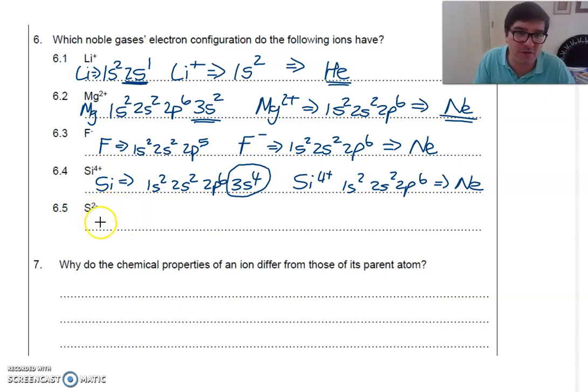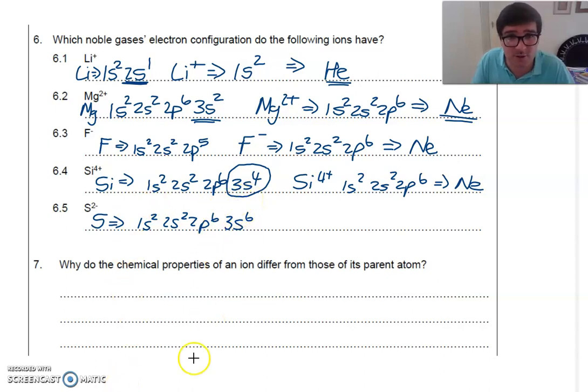And then sulfur, the sulfide ion. So sulfur is normally 1s2, 2s2, 2p6, 3s6. No, I've made a mistake in these last two. So let's just correct that, guys, because no one even stopped me.